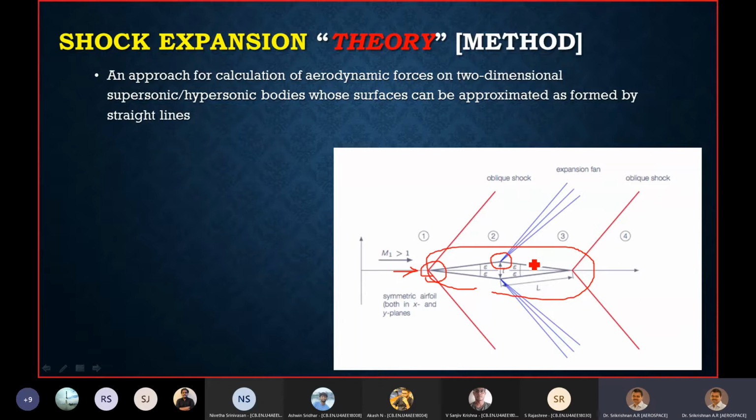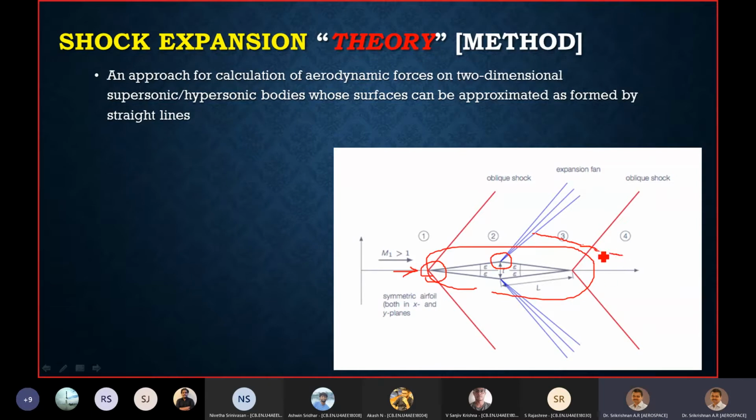Now at the end of it, the flow eventually has to be aligned with the mainstream direction. We are considering an orientation like this. Please remember that after the expansion, the flow becomes parallel to the new surface in region 3.